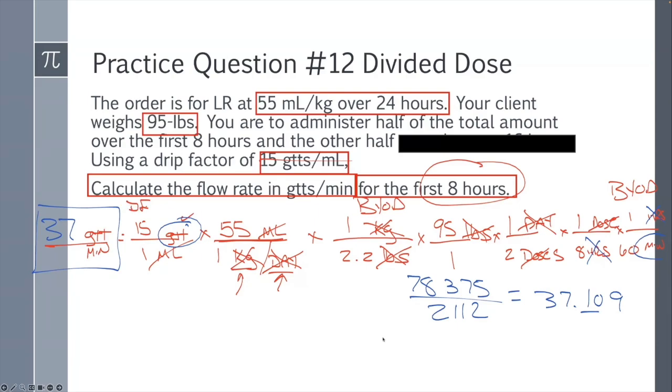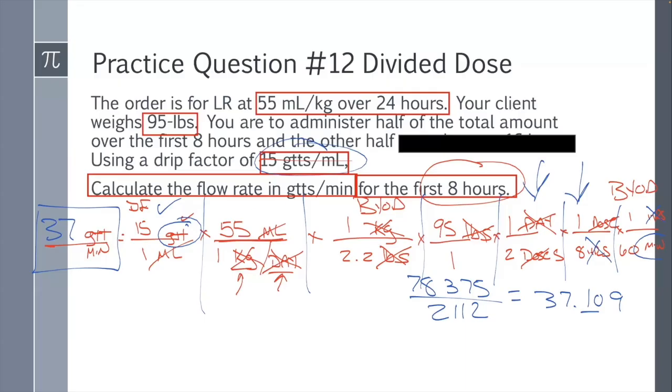Remember, I can always go back and double check my work, especially in a long problem like this. I'm going to make sure I didn't get off track anywhere. These two steps are going to trip most people up. We started out with our drop factor, 15 drops per milliliter. It's exactly what it said we had here. True.